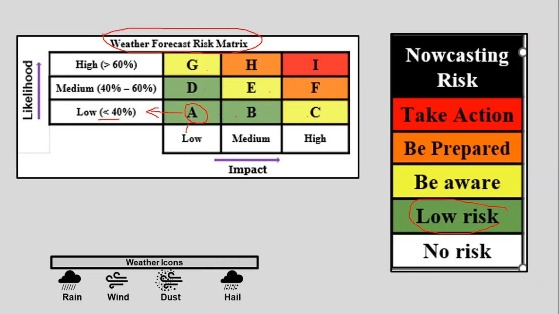If you move towards the impact side, it's also low. So you have a low possibility of a low impact weather. In this instance, there will probably be some slight rain or some drizzle, or at worst moderate rainfall, but the rainfall will not have so much impact on the area. And the chance that this event will occur is low.